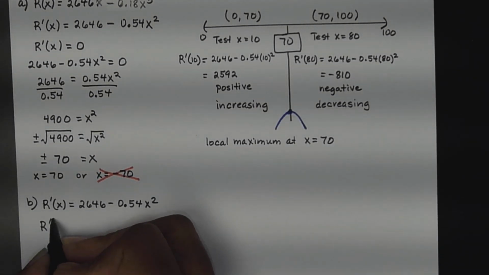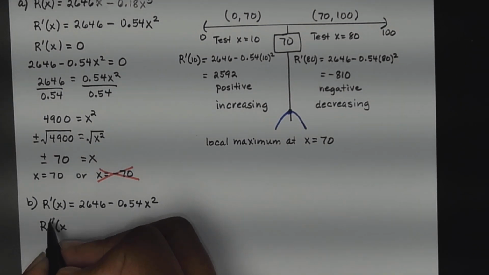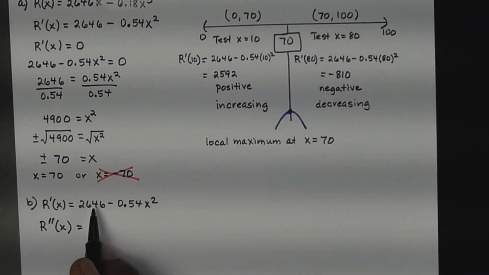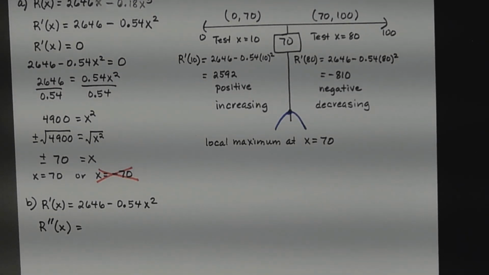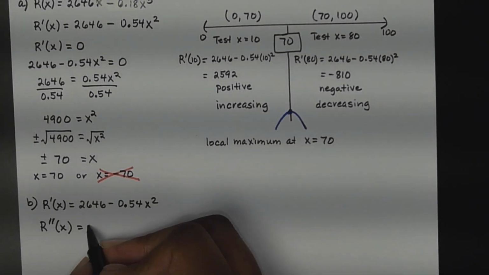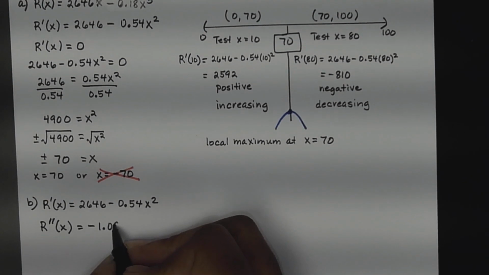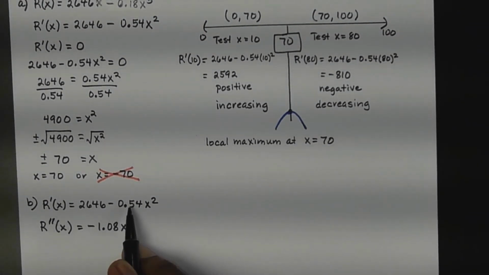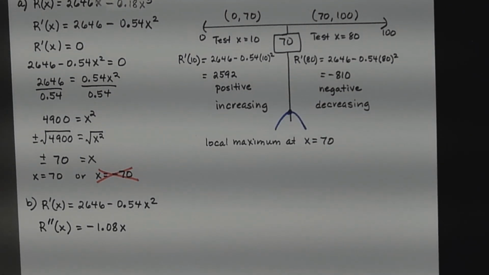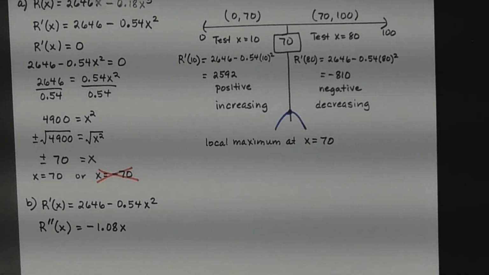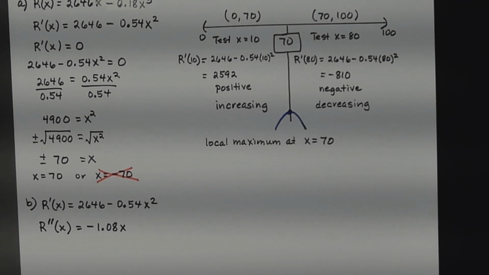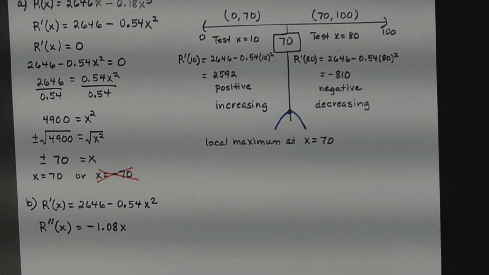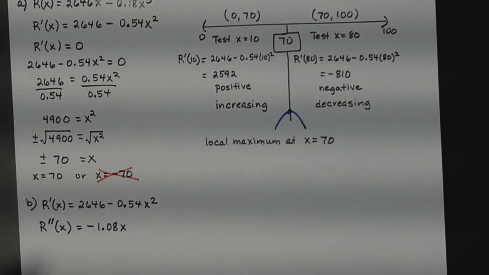Let's find the second derivative, r double prime of x. Well, the derivative of 2,646 is 0. The derivative of negative 0.54 x squared would be negative 1.08 x. Bring the 2 down, multiply by the negative 0.54, you'll get negative 1.08. Copy the x down to the 1 less power. So r double prime of x would be negative 1.08 x.